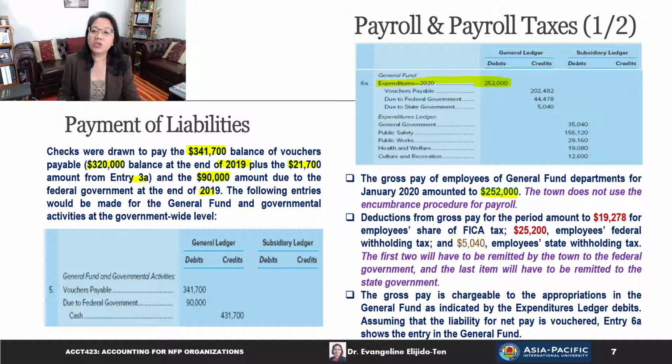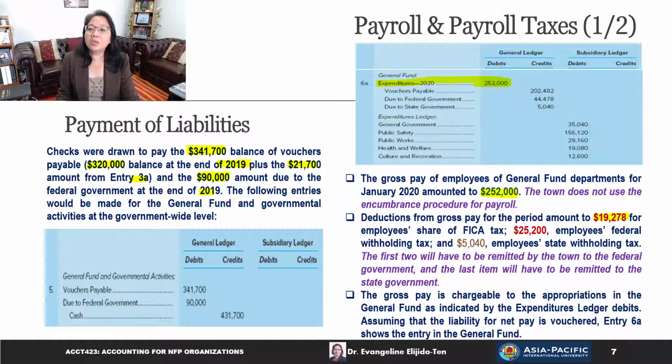Well, we need to know the breakdown of that 252,000. It says here, deductions from gross pay for the period amounted to 19,278 for employee share of FICA tax. That's the Federal Insurance Contributions Act tax.